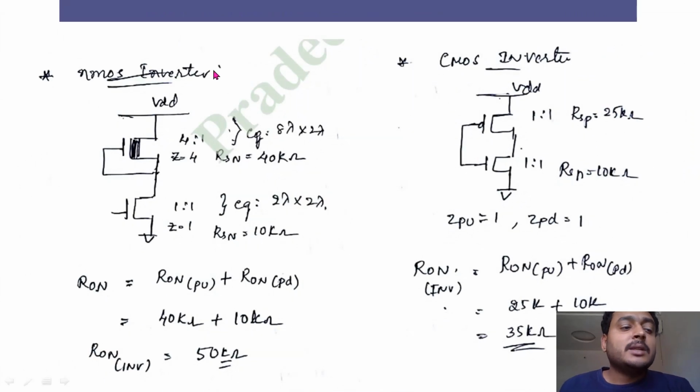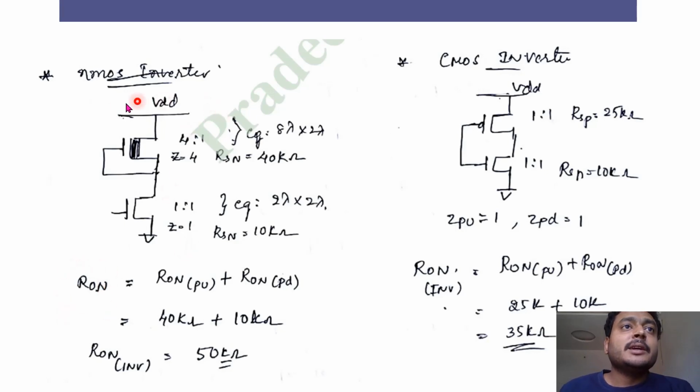Right, so this is another example of how to calculate the resistance for your inverters. In this case, we are calculating the on resistance, when both transistors are on, or when we have static connections, which we call static power dissipation, or static current.